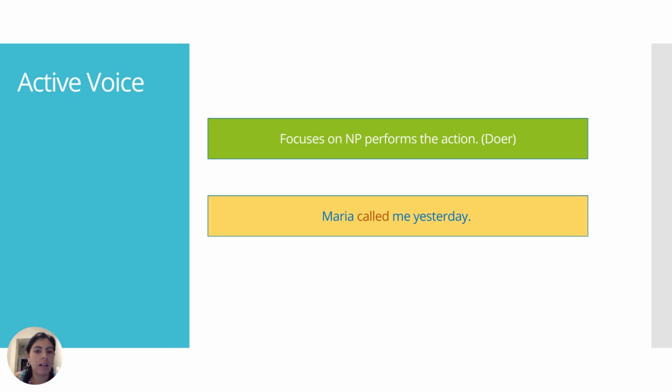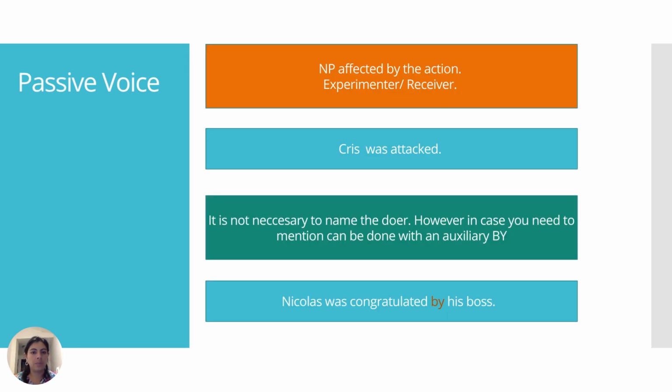We have Maria and we have me. So there are two people. But who is the person who performs the action? It's Maria. So what did Maria do? She called me yesterday. So in this case, we are talking about the active voice, the person who does the action.